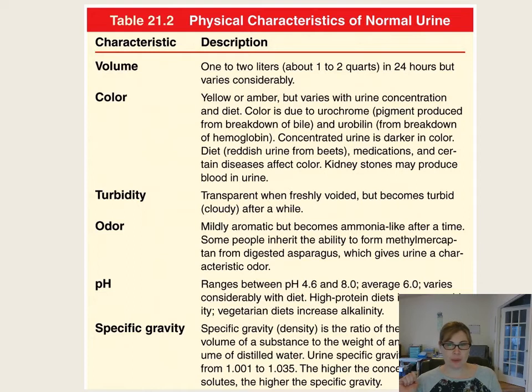Some people inherit the ability to form methyl mercaptan from digested asparagus, which gives urine a characteristic odor. I just gotta say, I need to take a break here from all this academia. So I guess this is still something scientific, but not everyone, when they eat asparagus, their urine smells.